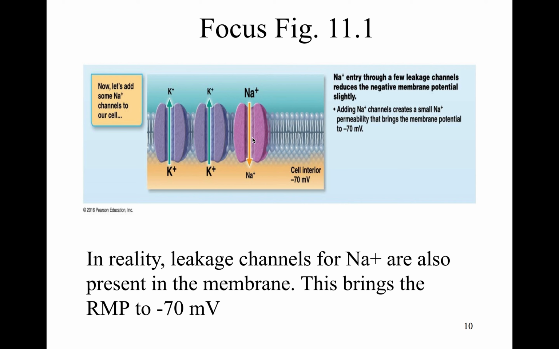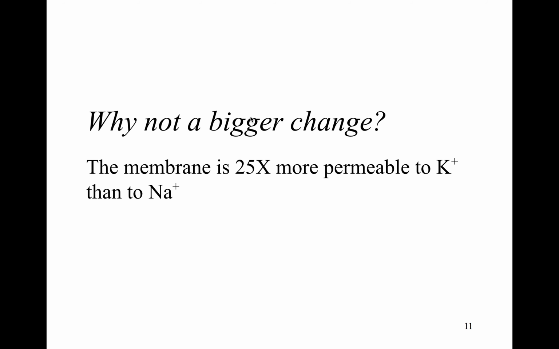In reality, it's actually a 25-to-1 ratio. So in other words, the membrane is 25 times more permeable to potassium than to sodium.